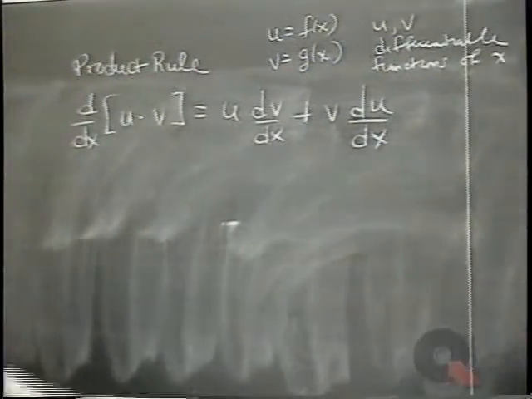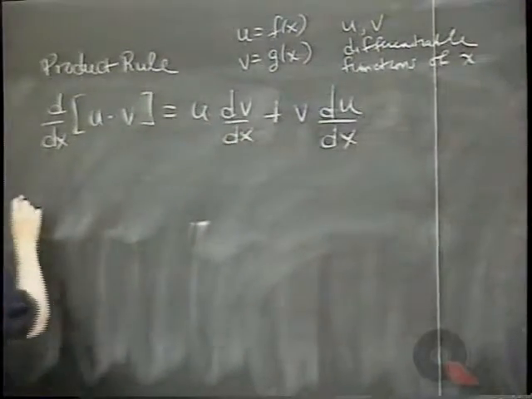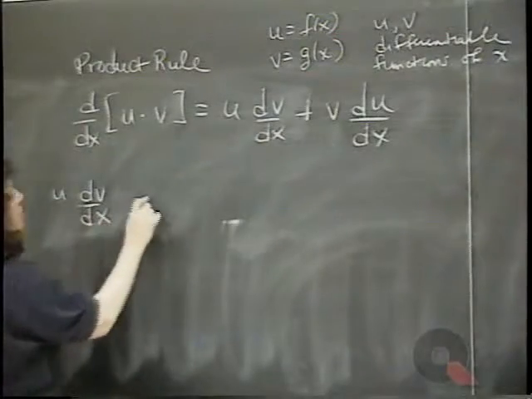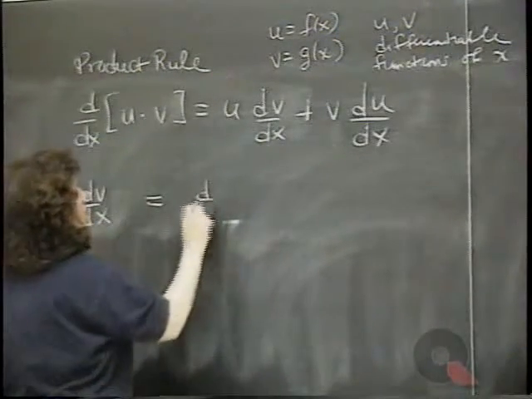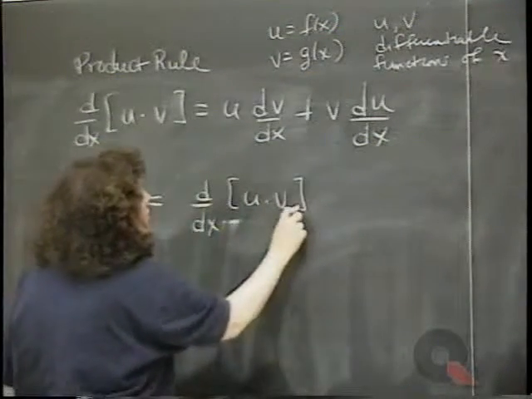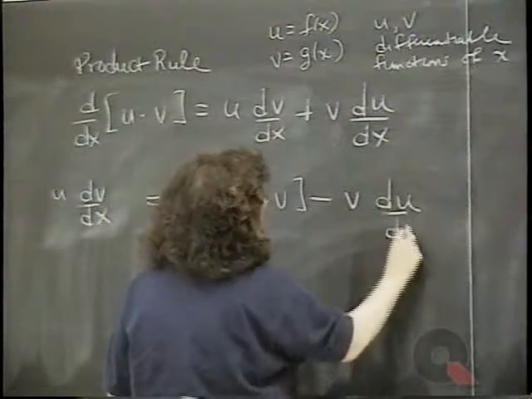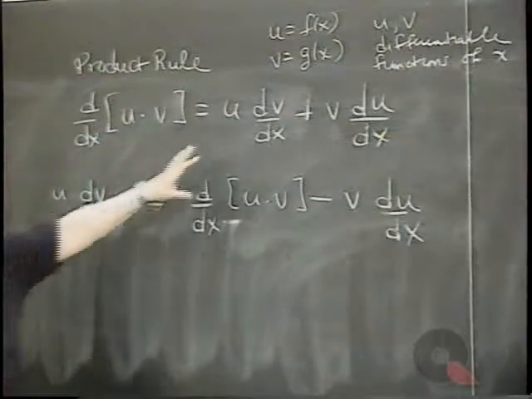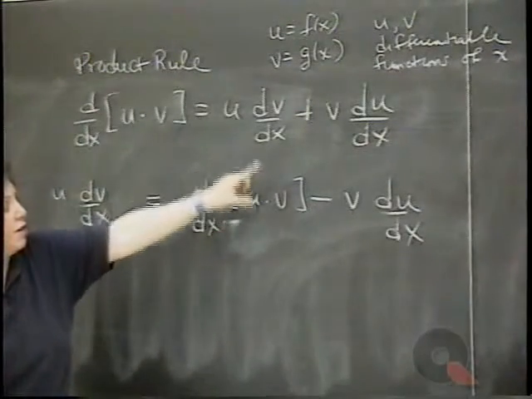If I were to solve this for u dv dx, u dv dx is equal to the derivative with respect to x of uv minus v du dx.